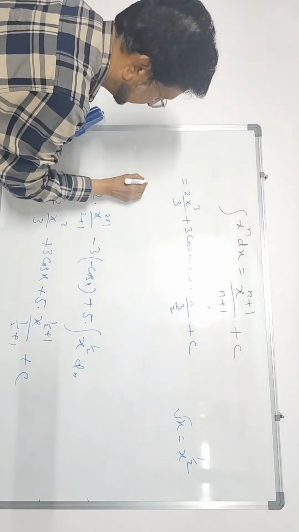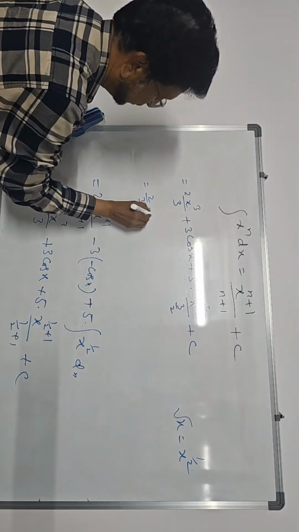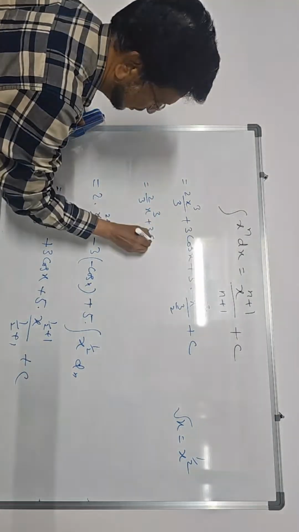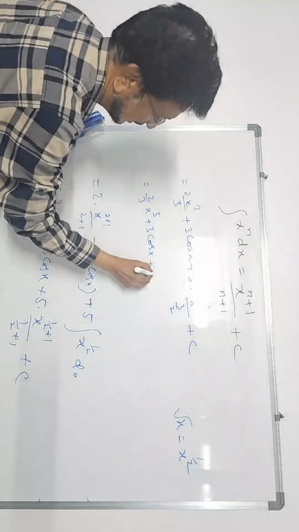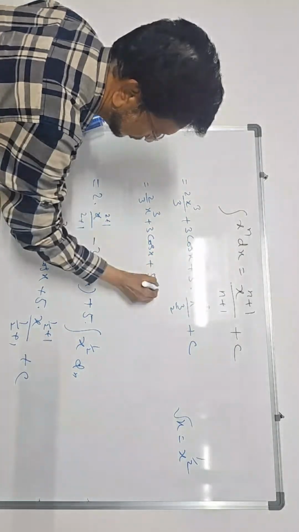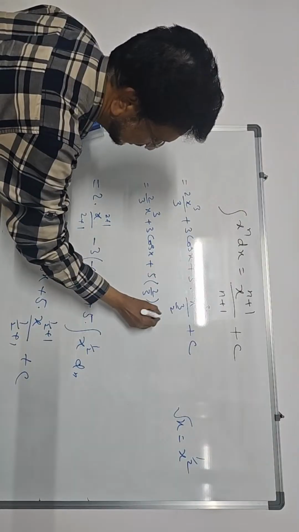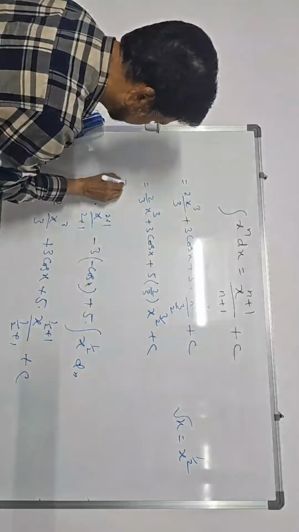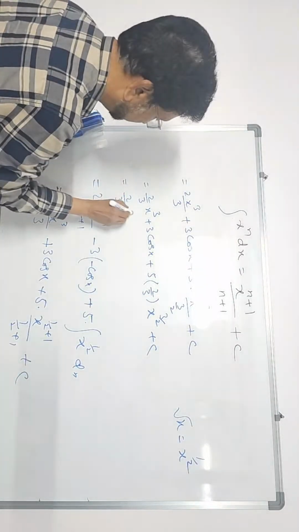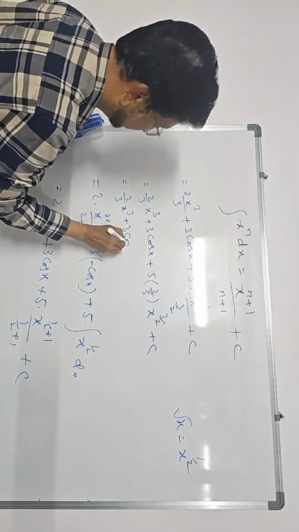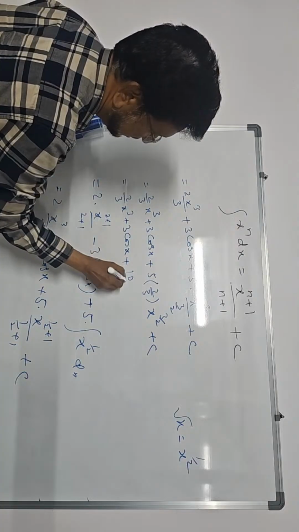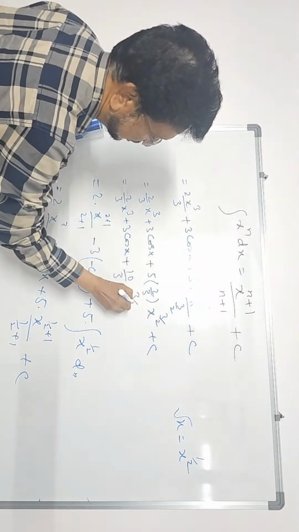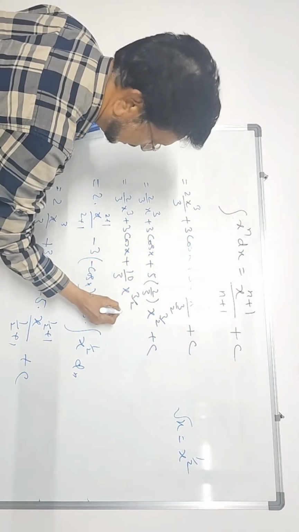2 by 3 x cube plus 3 cos x plus 5 into 3 by 2, which becomes 2 by 3 when it comes to the numerator, 3 by 2, plus c. 5 times 2 by 3 is 10 by 3. So it is 2 by 3 x cube plus 3 cos x plus 10 by 3 x power 3 by 2 plus c.